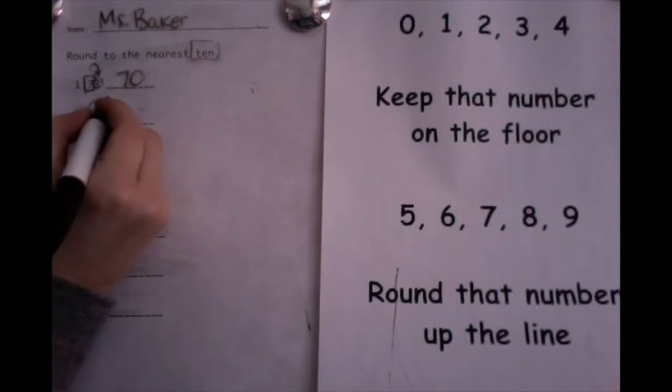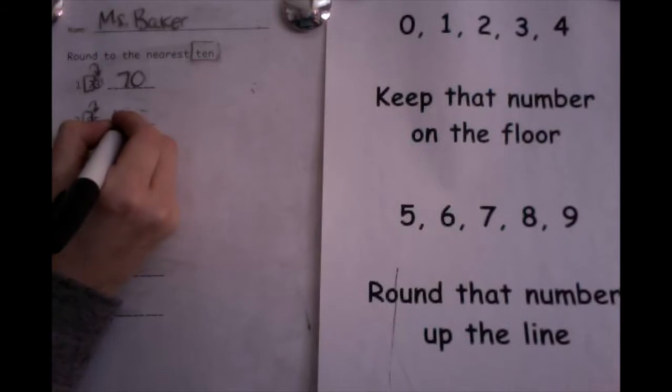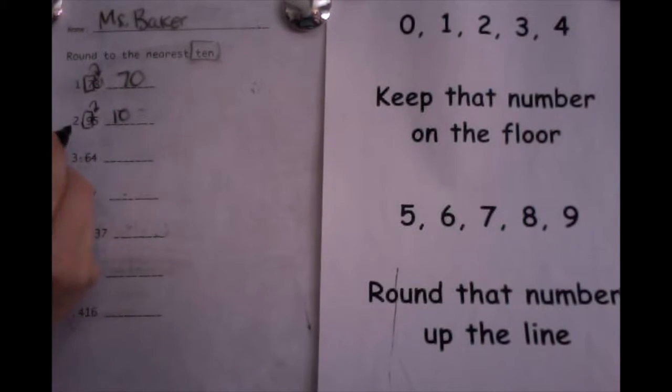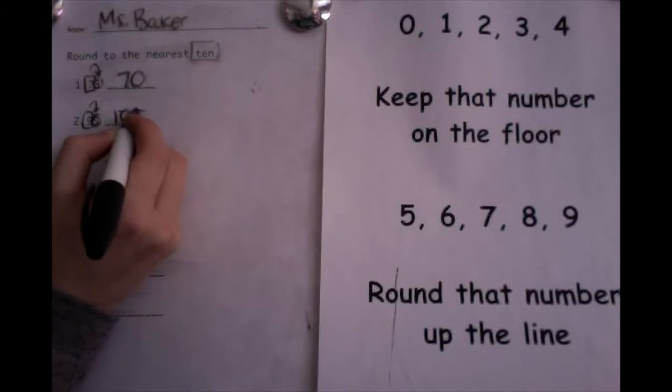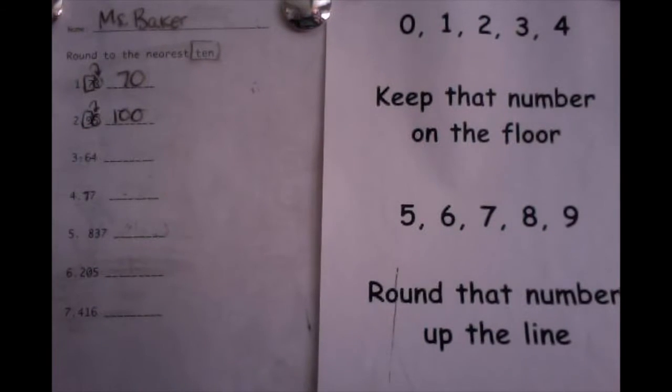So this 9 is going to change to a 10. And anything after, we are going to turn to a 0. So in our ones place, it's going to become a 0. What number did we just make? 100. Very good. 95 rounded to the nearest 10 is actually 100.